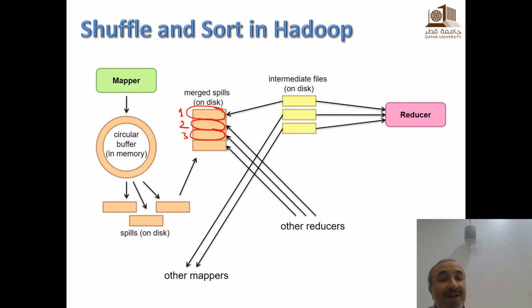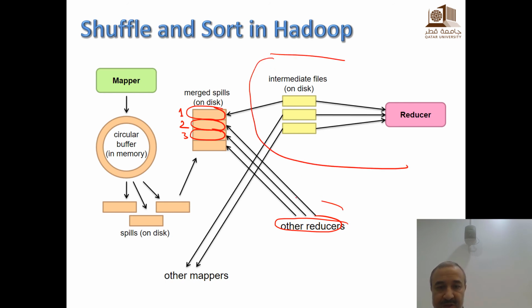Now, reducer number 1 has to pull that part from that mapper, and reducer number 2 has to pull that part from that mapper, and so on. That's why we have other reducers here. So that's the first reducer, but we have other reducers here. Okay, so the first reducer gets its chunk.